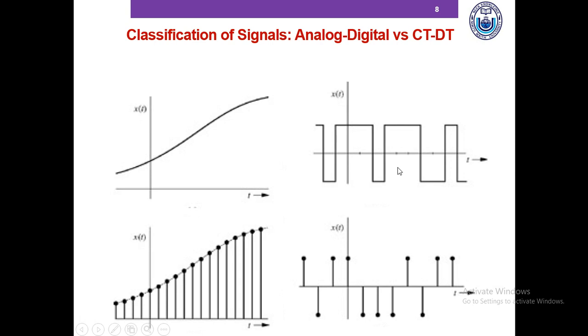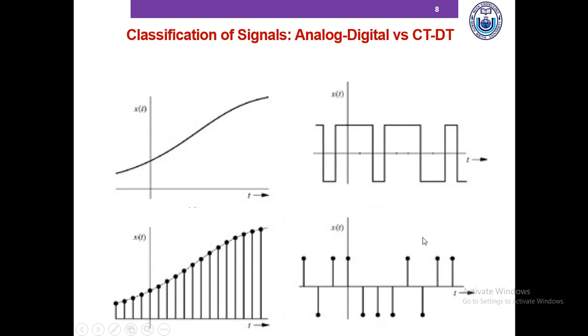But it can take only a finite number of values, 1 and -1. This signal is a discrete time and analog signal. And this signal is a discrete time digital signal.